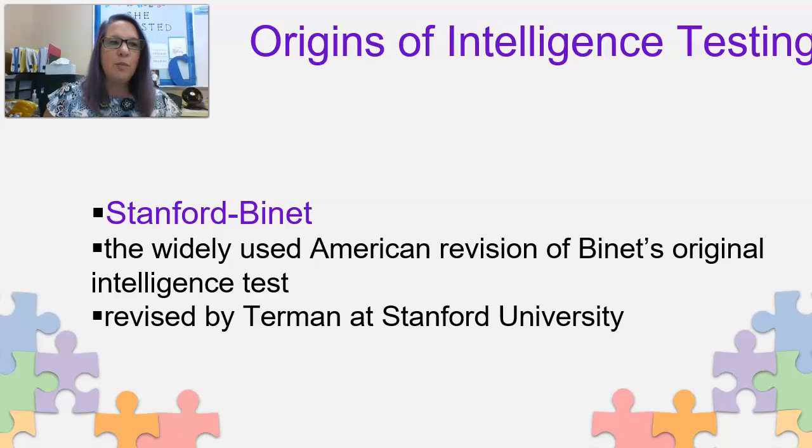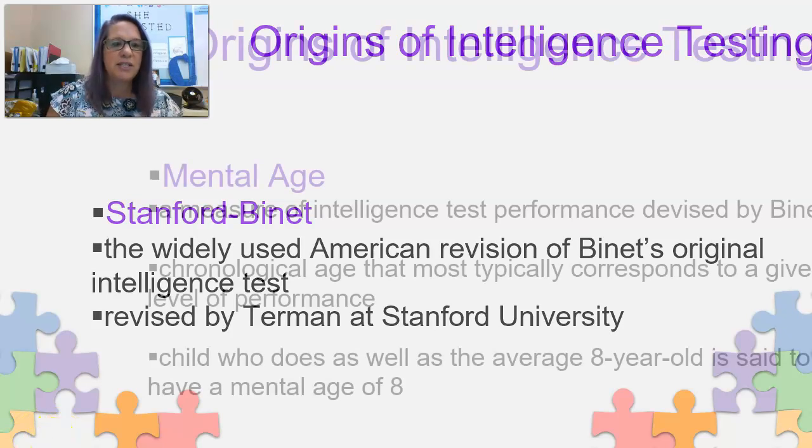The Stanford-Binet intelligence test is the most widely used in the United States, and it is slightly revised from Binet's original version. It was revised by Lewis Terman at Stanford University, and so it's now called the Stanford-Binet intelligence test.